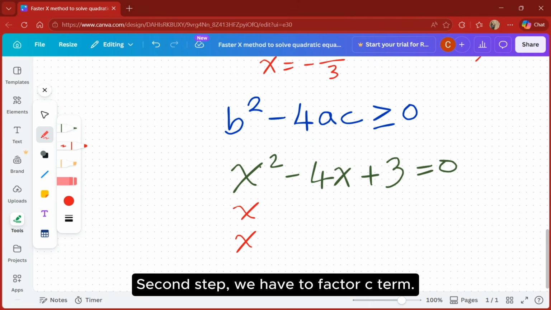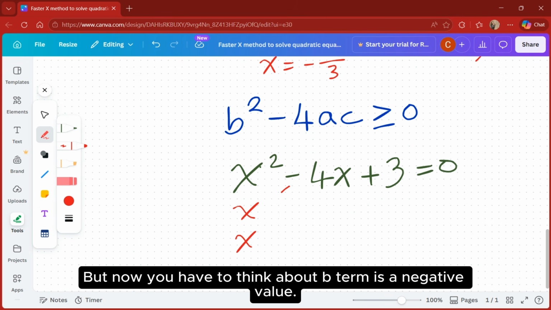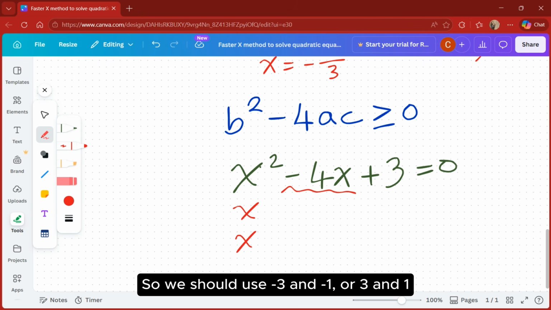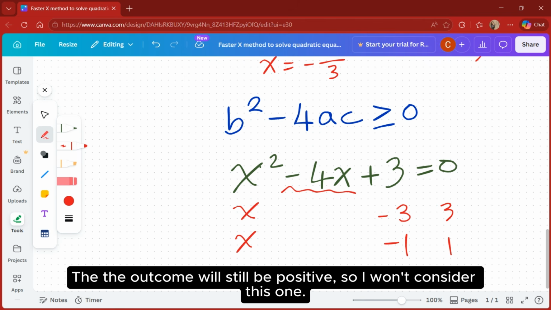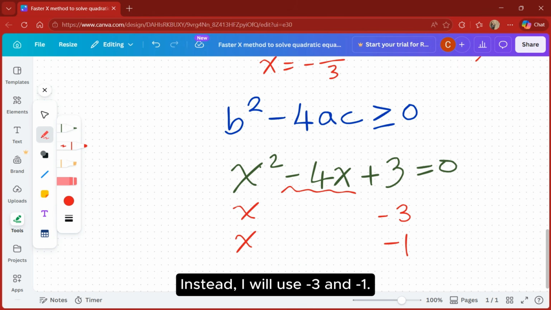Now, second step, we have to factor the c term. But now you have to think about this being a negative b value. So we should use negative 3 and negative 1, right, over 3 and 1. If I use 3 and 1 and then multiply by positive x, the outcome will still be positive. So I won't consider this one. I will use negative 3 and negative 1.